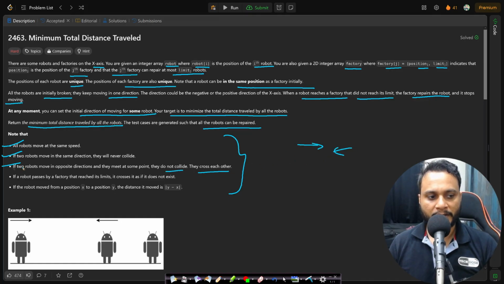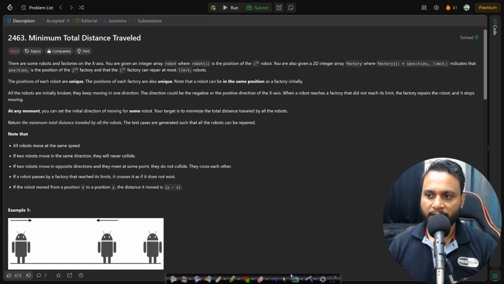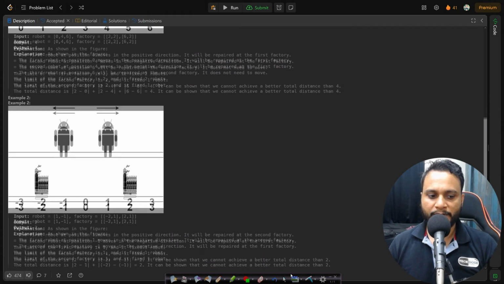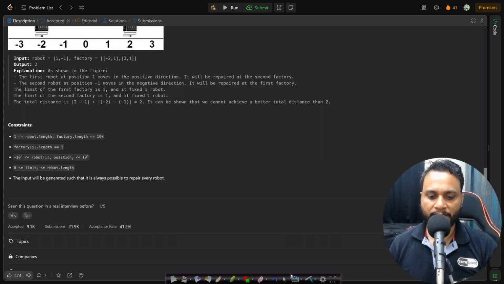If a robot passes by a factory that reached its limit, it crosses as if it does not even exist, because if the factory does not have limit, then it cannot repair the robot, right? So the robot will keep on looking for the next factory. If the robot moved from position x to position y, the distance moved will be the absolute value of y minus x.